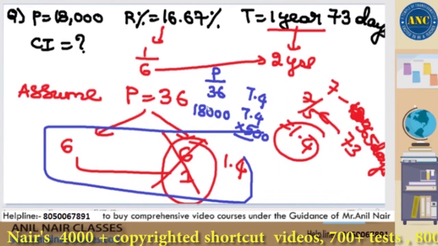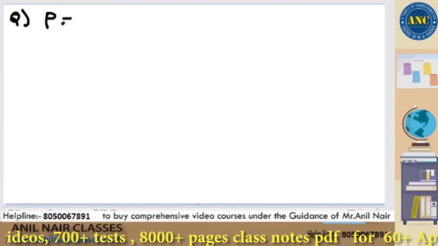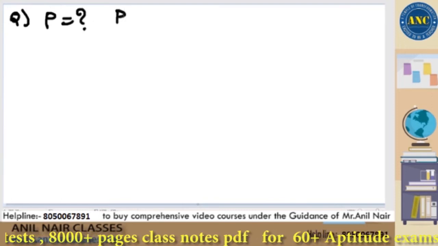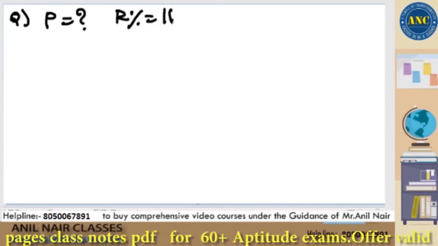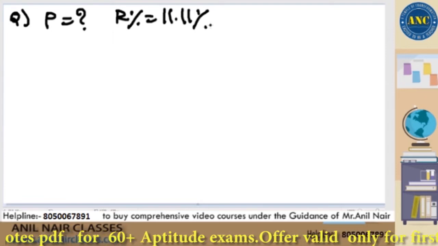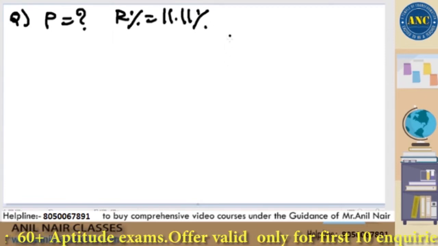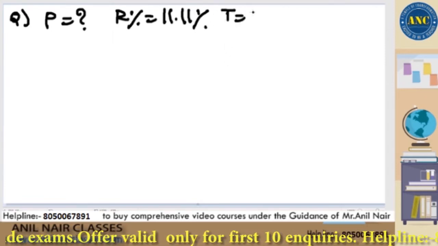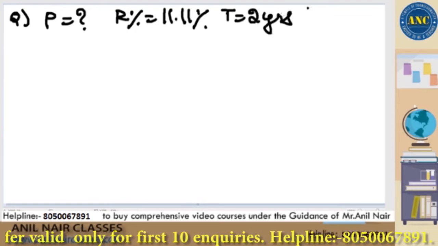Write down the question. Another model. P is how much? R percentage is 11.11. Once you understand, you can solve any problems. Time period is 2 years.